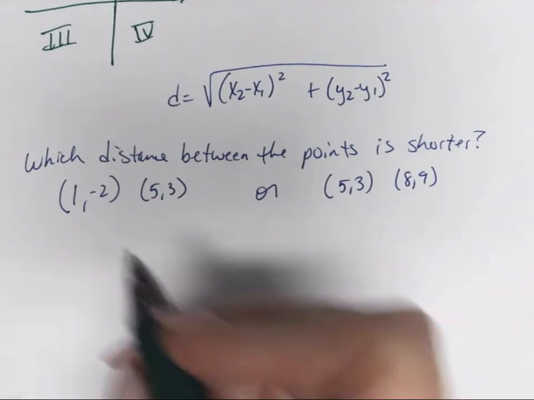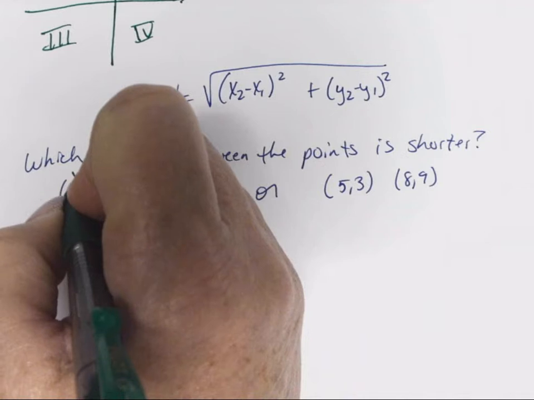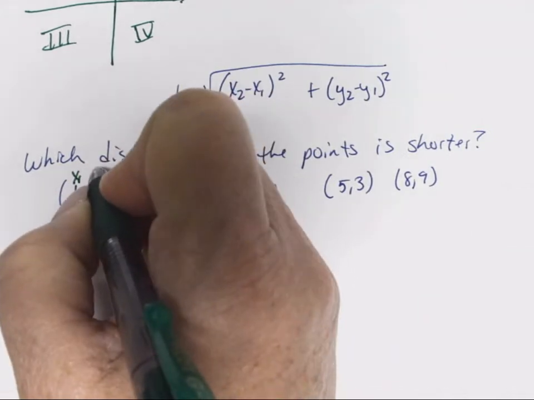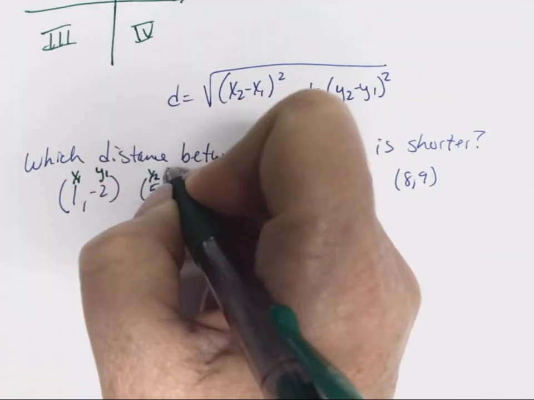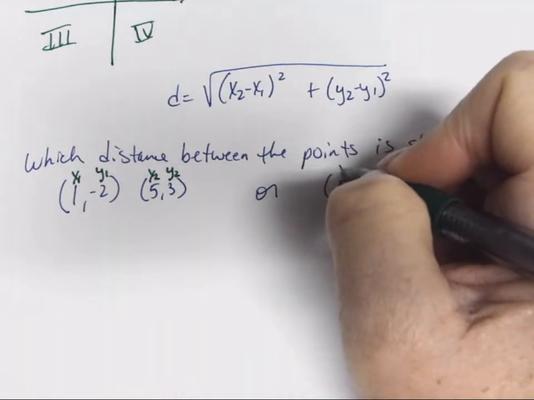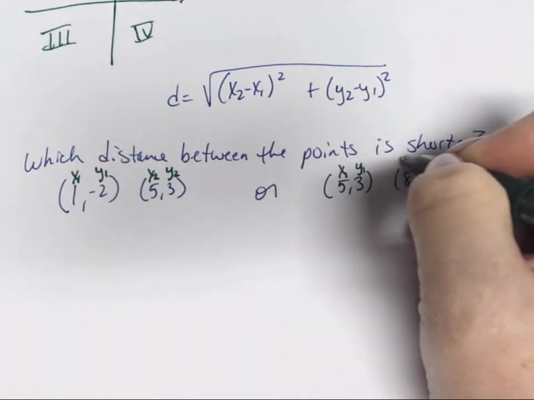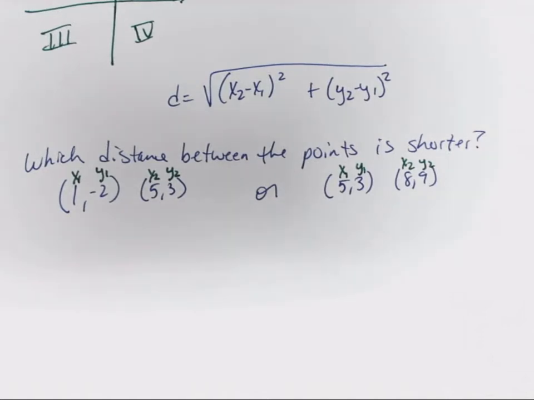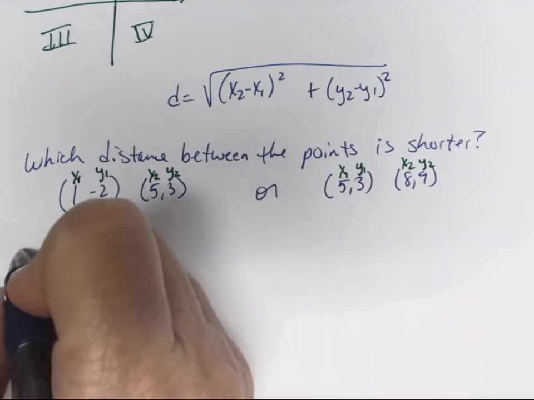It usually is very helpful if you label your points, so x sub 1, y sub 1, x sub 2, y sub 2. And we'll do the same thing over here while we're at it. If you label them, you are less likely to grab the wrong value.